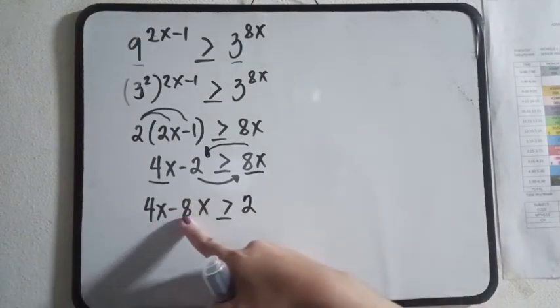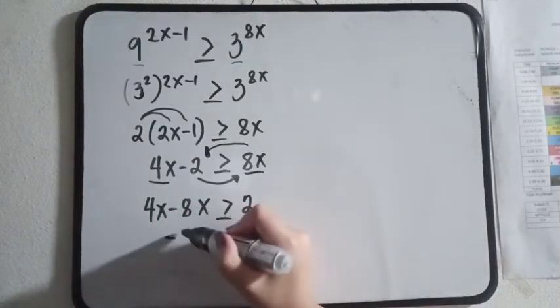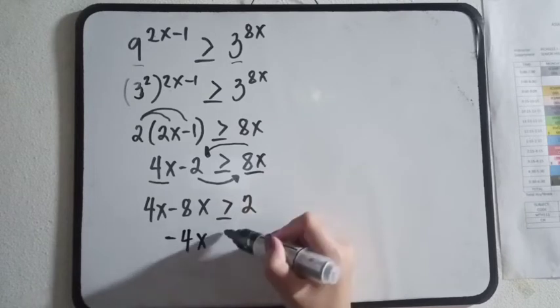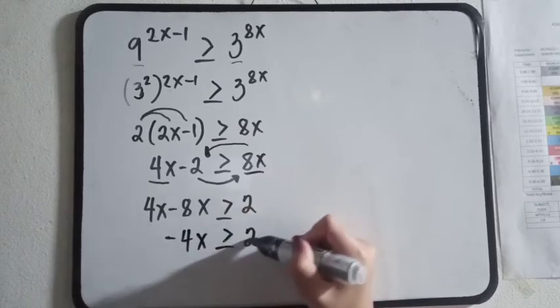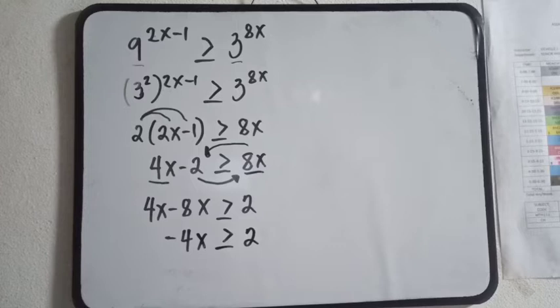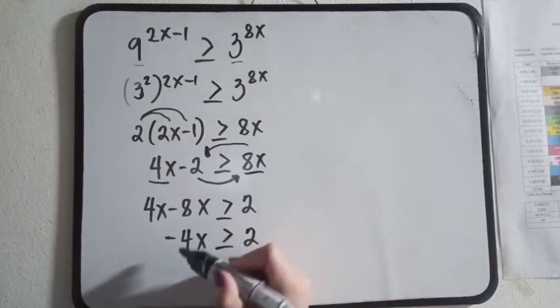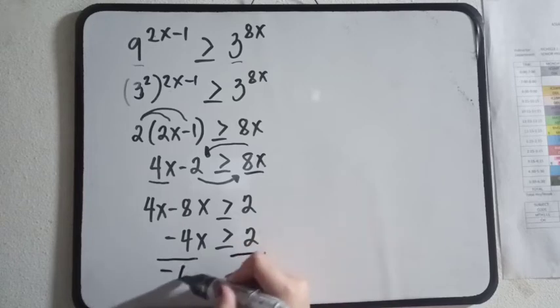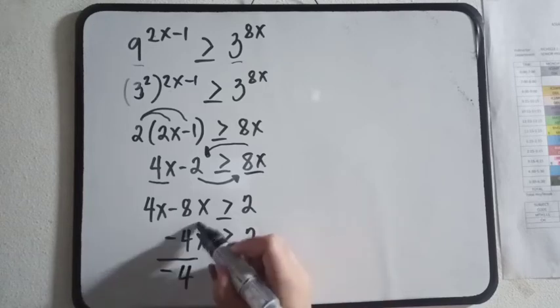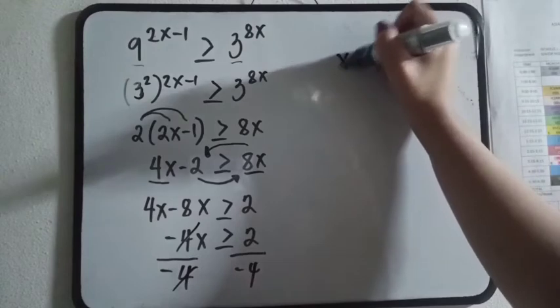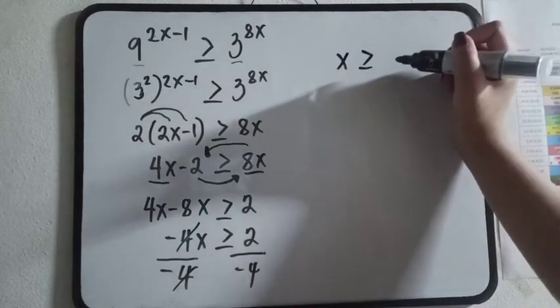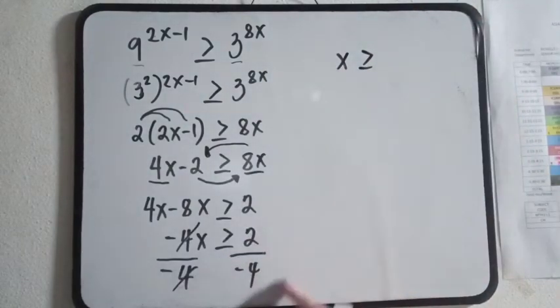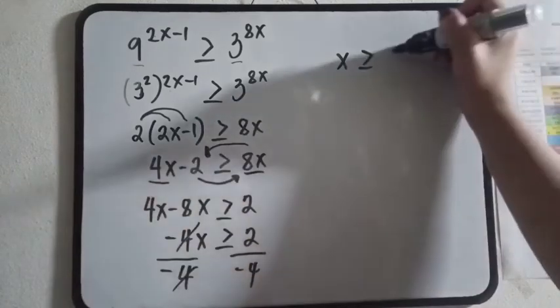So 4x minus 8x is negative 4x is greater than or equal to positive 2. Para matanggal yung katabi ni x, divide natin both sides by negative 4. So cancel. So x is greater than or equal to 2 over 4, or lowest term, pwede natin siyang gawing negative 1/2.